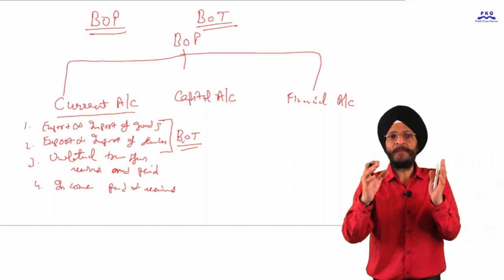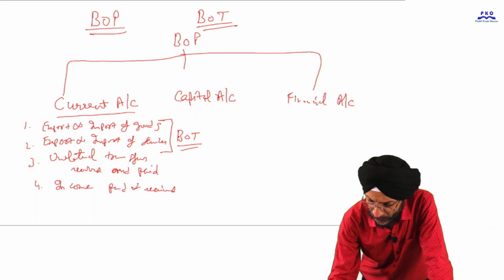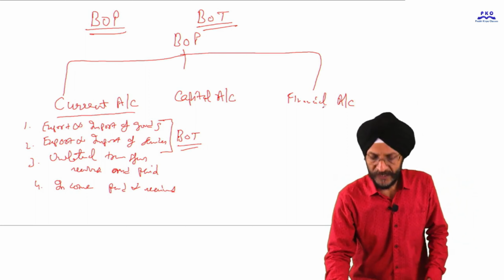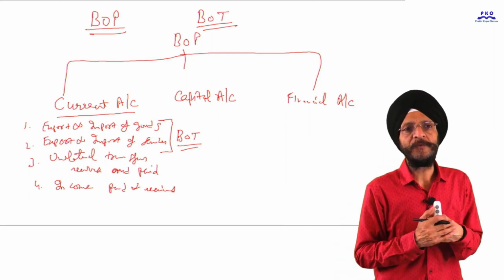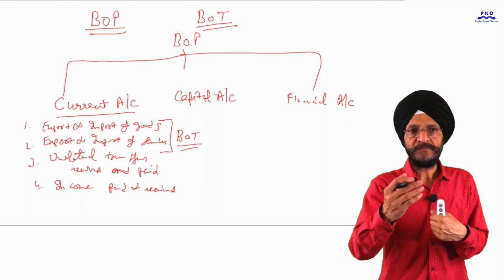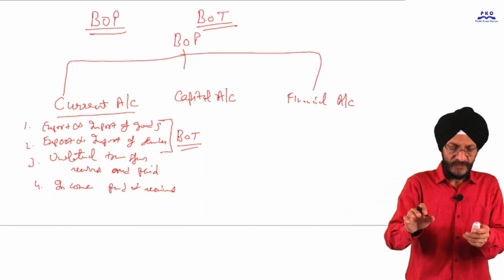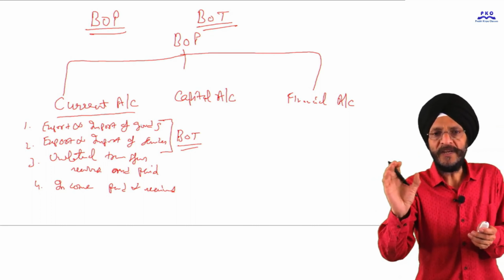Further, balance of payment has three components: current account, capital account, and financial account, whereas balance of trade is only a sub-component of balance of payment. We will discuss all the differences between BOP and BOT in detail.